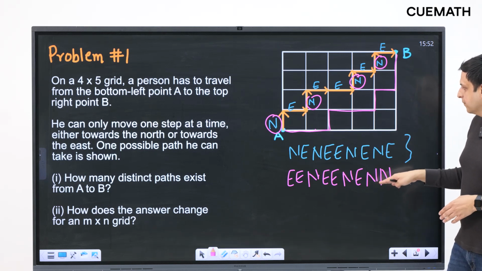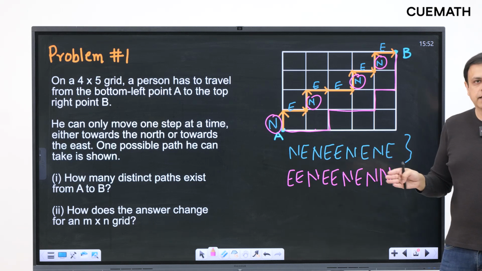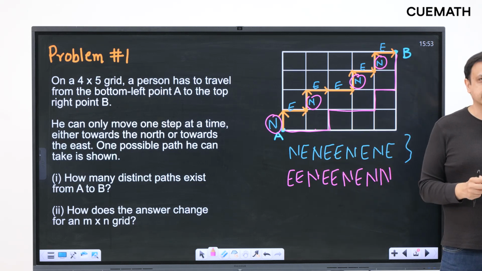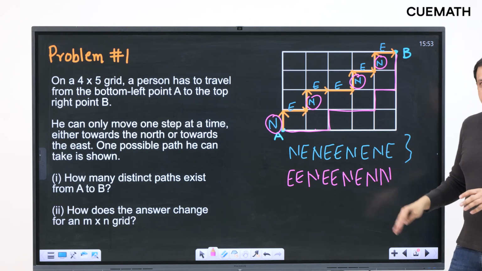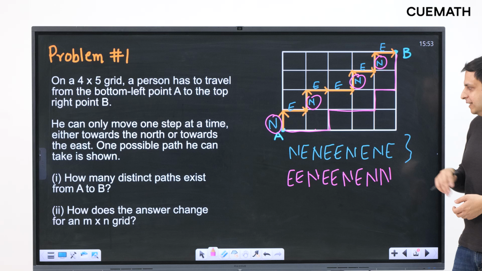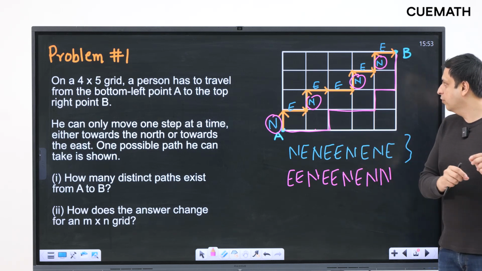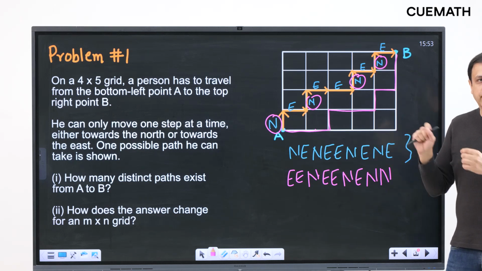So every string that describes a path will be a sequence of letters, 9 letters long with 4 N's and 5 E's. And all we need to do to count the number of paths is simply to count the number of permutations of these strings. So we have 9 letters in total, of which 4 are of one kind, 4 are N's, and 5 are of another kind, 5 are E's.